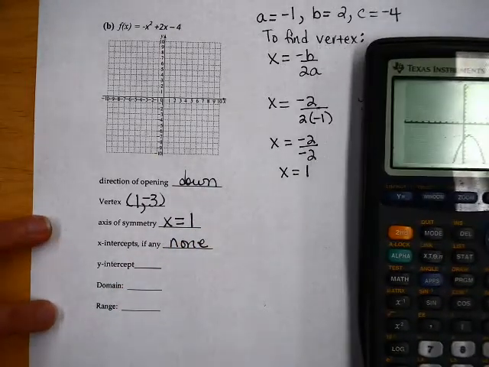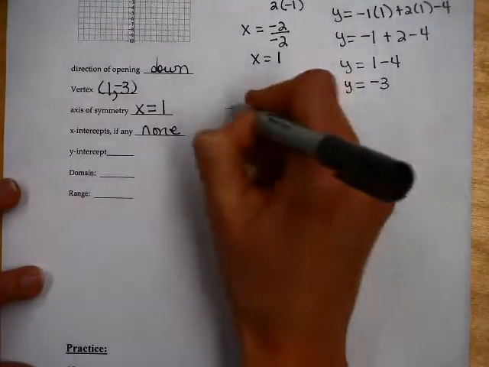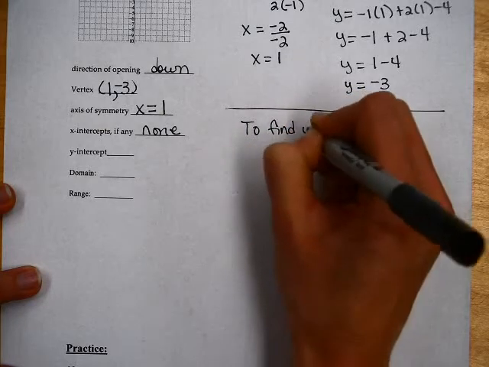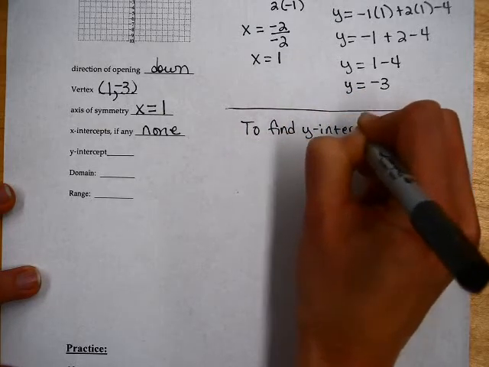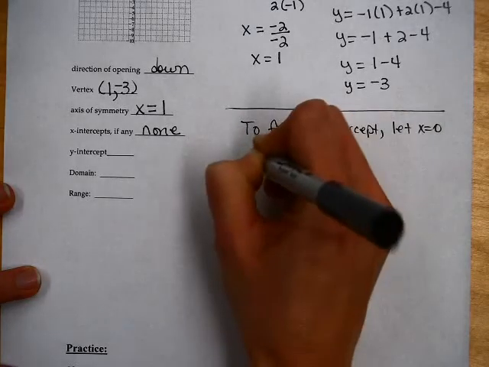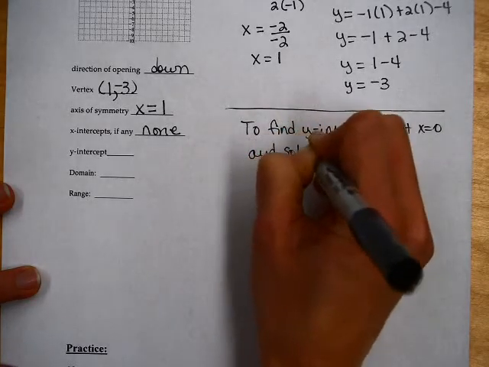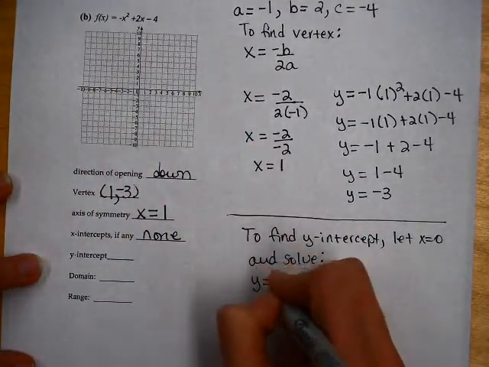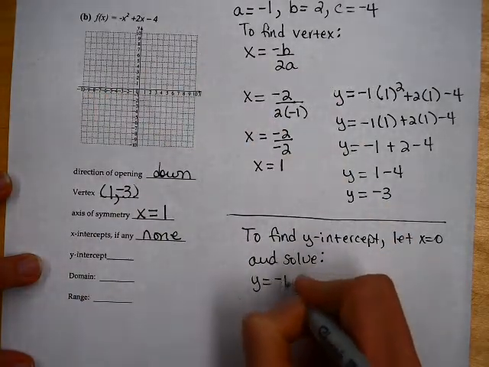Okay. All right, we would have a y-intercept, and remember to find our y-intercept, you let x equal 0 and solve. So that means, remember, f of x equals is the same thing as y equals, and that's really -1 times x squared.